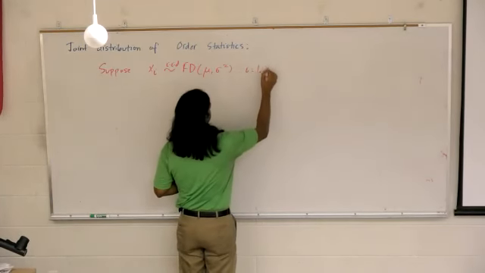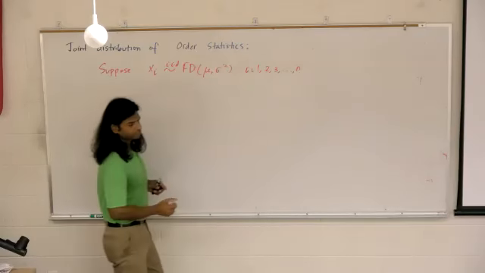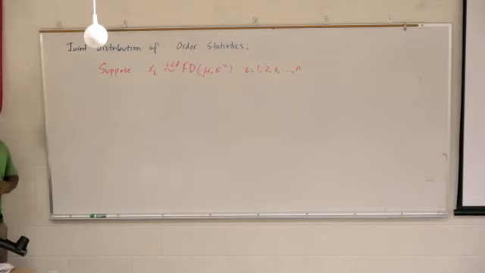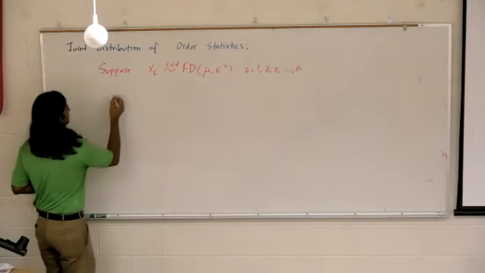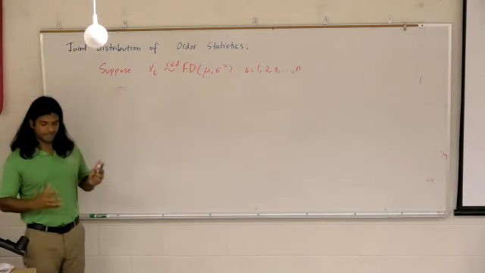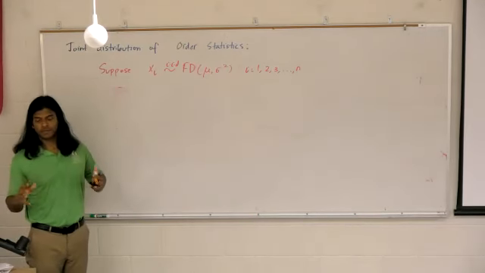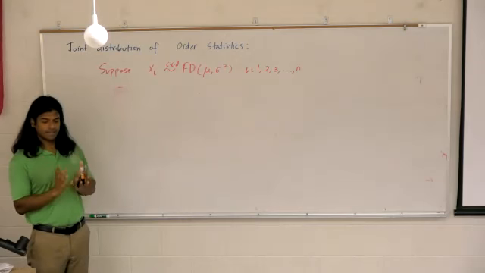I, of course, is 1, 2, 3, dot, dot, dot, up to n. What would the joint distribution of two random variables be? Well, joint distribution simply means that x1 and x2 occur simultaneously at the same time.